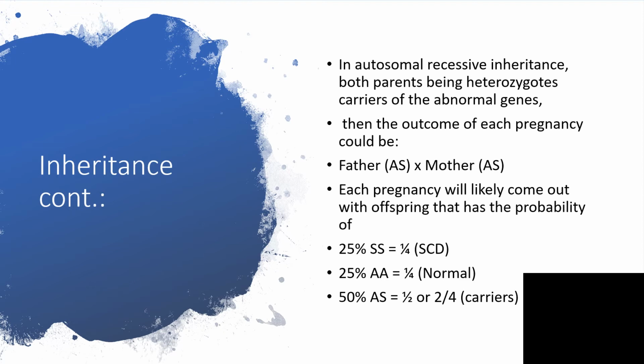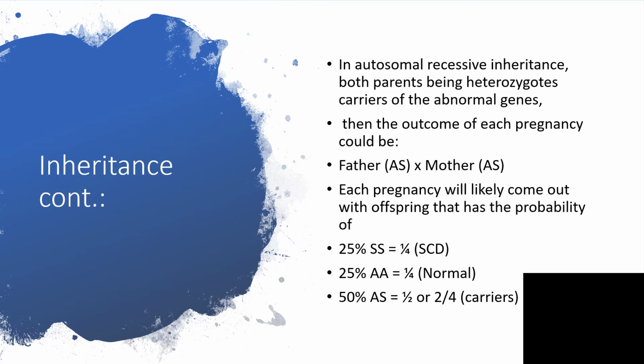And the probability of having carriers, that is sickle cell trait, would be 50%. That is, if father is AS and mother is AS. However, it's not a fixed situation like I've said earlier. It's just a probability according to Mendelian inheritance.